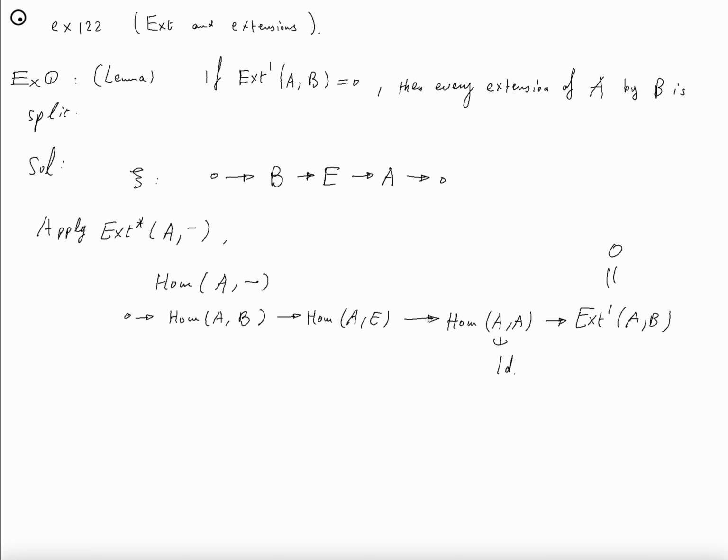And then there is some element, let's call it beta, such that this is mapped there. So recall what this map is. If we call this pi, call this j, then this is the map from Hom(A, E) to Hom(A, A), which means composition by pi.